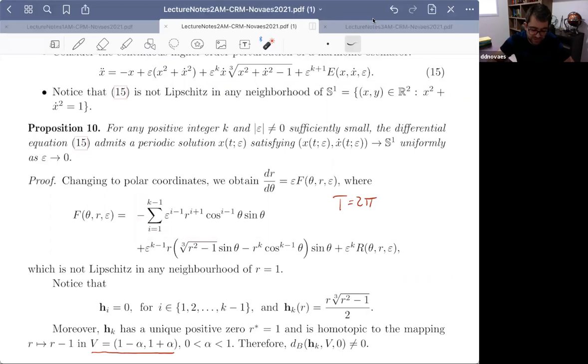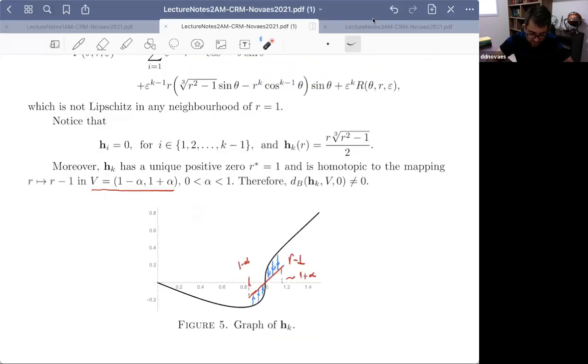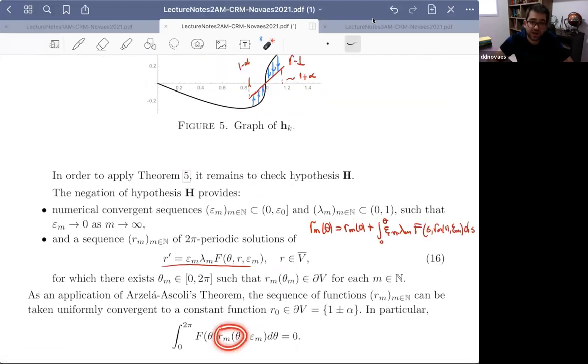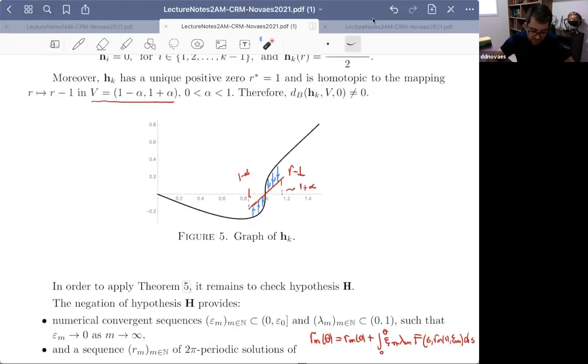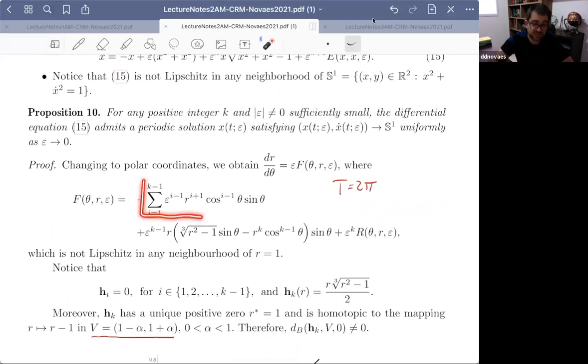But notice that in this case, I'm assuming that R is constant. But the integral I'm doing here is not taking R to be constant. R is a function. It's R_m of theta. So we do not have guaranteed that this integral is 0. So careful here by just taking this integral as equal to 0, because it's not.